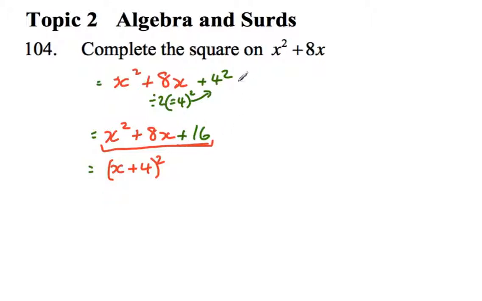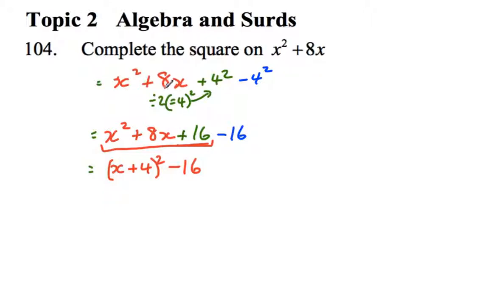What we need to do is have a minus 4 squared, just so that the thing we added to it is taken off as well. And so that's a minus 16 there. And so your final answer is able to process this bit here as x plus 4 all squared, but this is a little compensation section whereby it's making up for the fact that we've added 16 to make that work properly. So that's the way I think of that.